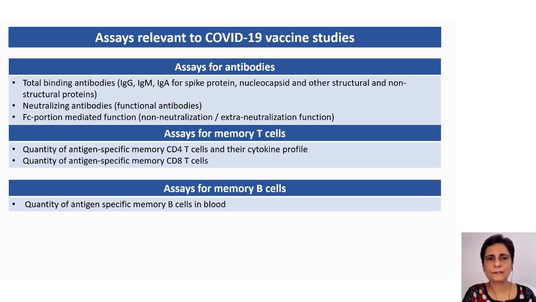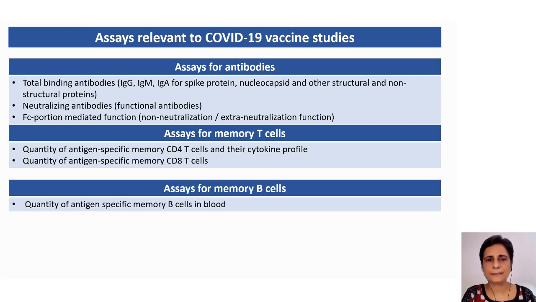In addition to this, we can look for function of the Fc portion of the antibodies. If we look at antibodies as being Y-shaped structures, the stem of the Y is the Fc portion. And here we can look for non-neutralizing or extra-neutralizing functions. For memory T cells, we can measure the quantity of antigen-specific CD4 and CD8 T cells and also characterize their cytokine profile.